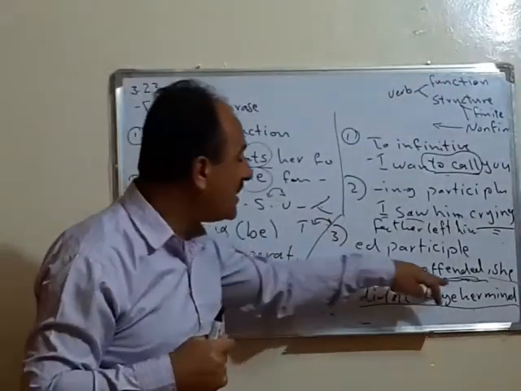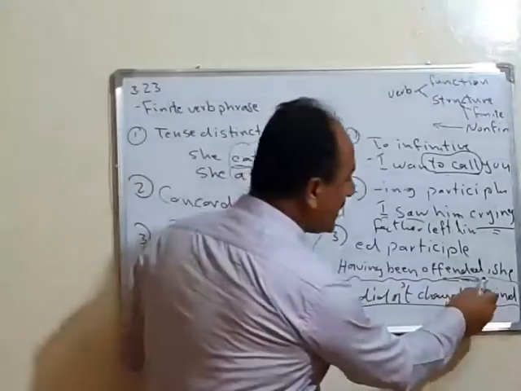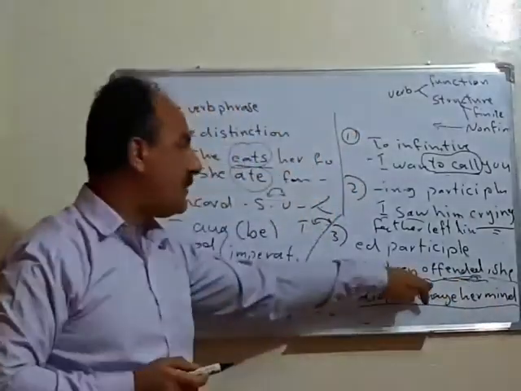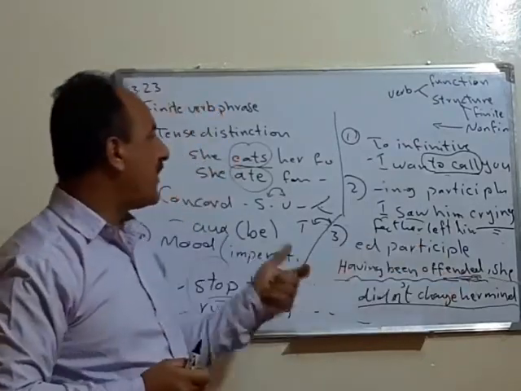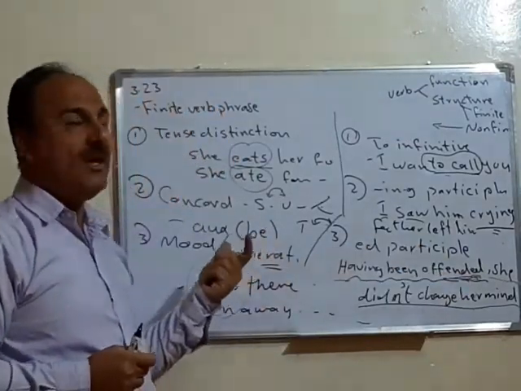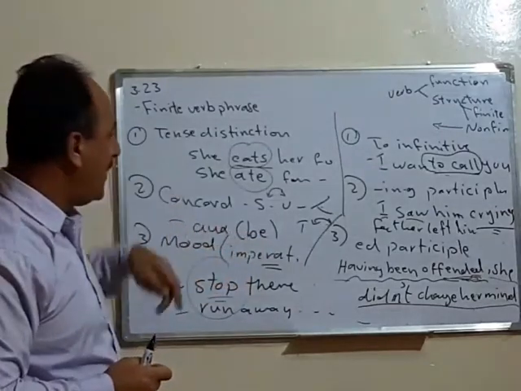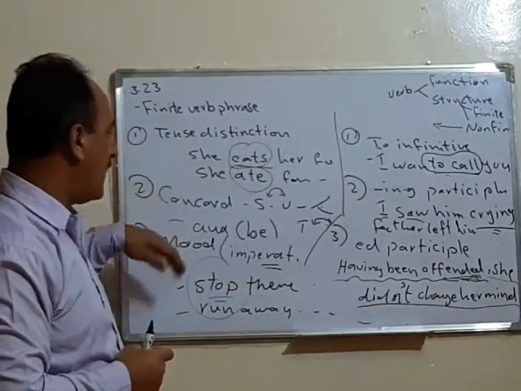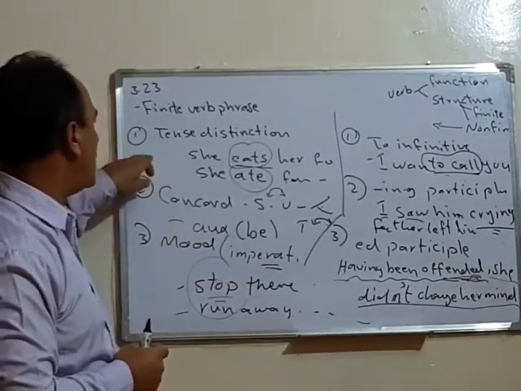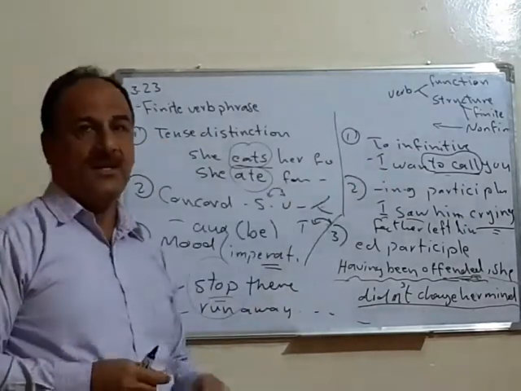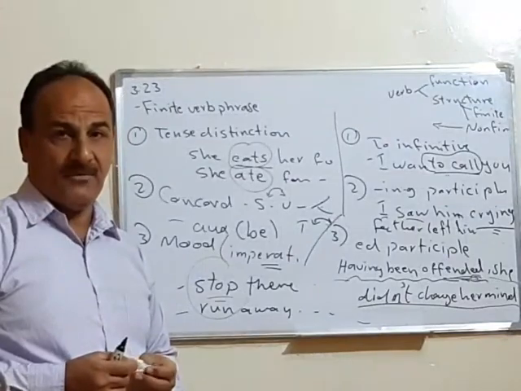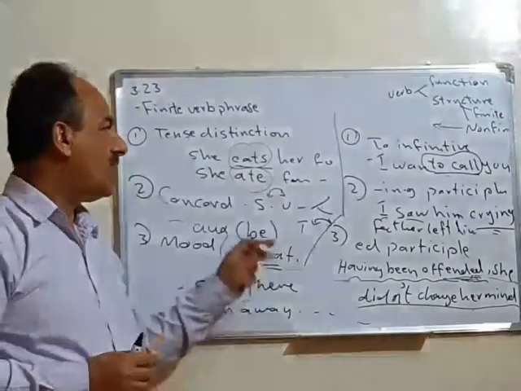So here, this is the third case, the ed participle, because the verb is offended. So this is in brief the way in which we have the three cases for the finite and the three cases for the non-finite verb phrases. Okay.